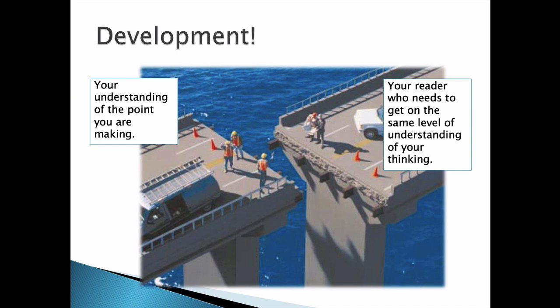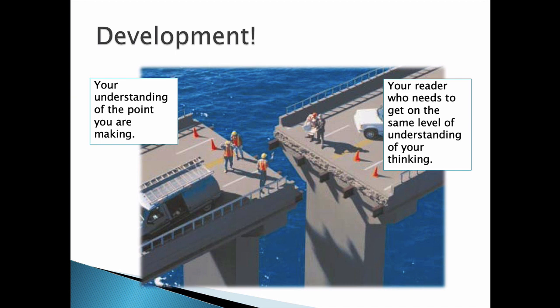And on the right-hand side, this is your reader who needs to get on the same level of understanding of your thinking. And if you do not develop, if you do not connect the dots, if you do not connect your analysis to the prompt and the term you were given, then you have something like this, where you are on the left thinking you've completely connected. Your reader is over on the right thinking, you know what? They didn't quite connect. And clearly, understanding doesn't happen.